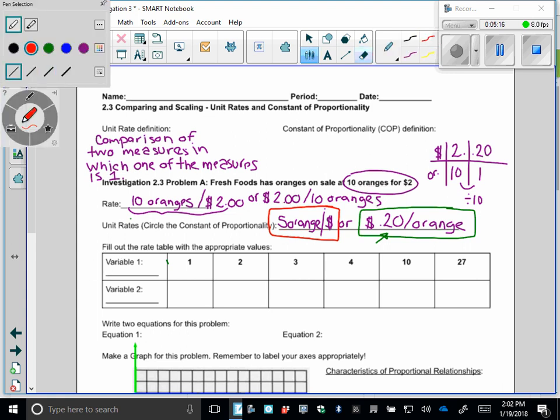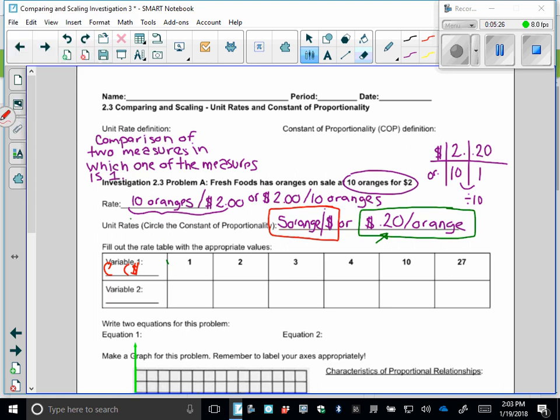But they're both correct. So cost in dollars, because now if you have $10, you know how many oranges you can get. Because you know for every $1, you can get 5 oranges. So the per one is usually more commonly your independent variable. And so then this would be n, which is the number of oranges. Did anybody get that one?